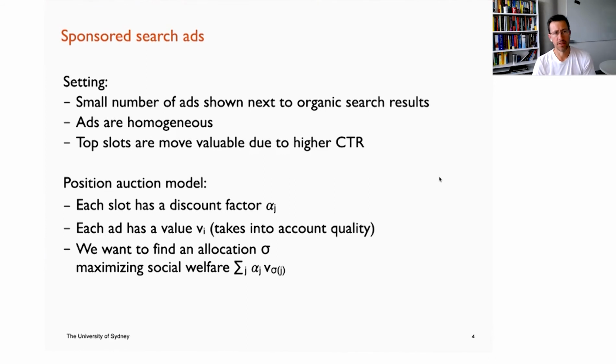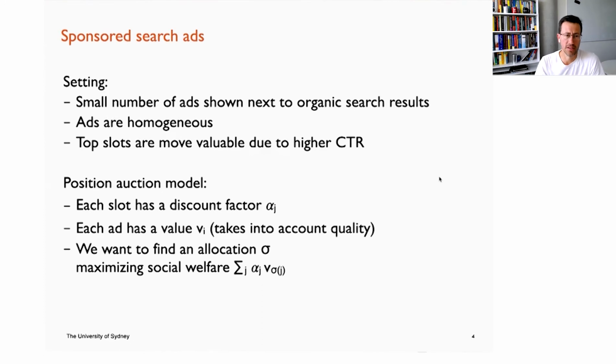So sponsored search ads typically: the setup is you have a small number of ads that are shown next to organic search results. They are homogeneous, they all have one little slot, and the top slots are more valuable than the slots further down the line due to the higher click-through rate of the top ads.